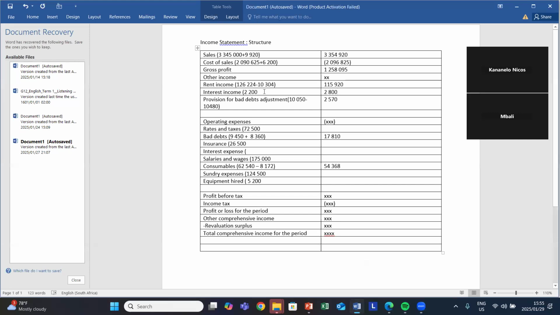In our trial balance, we had recorded 2,200, so we'll check the difference between the two amounts: 2,800 minus 2,200, in which you'll get 600. So 600, you'll add here. In their trial balance, they had recorded a lesser amount, hence you have to look for the difference between the two amounts.